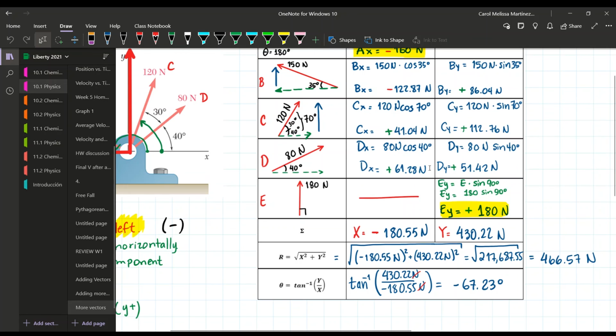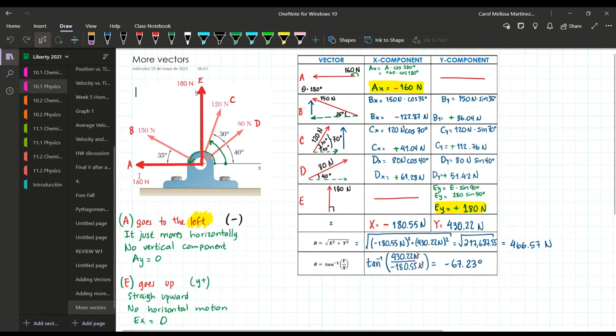So as a review, remember that a totally horizontal vector like vector A won't have a y component because it's not moving vertically, and a totally vertical straight vector like vector E is not going to have an x component because it's not moving horizontally, it's just going up.